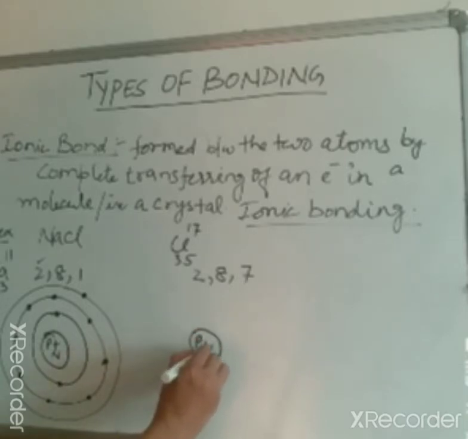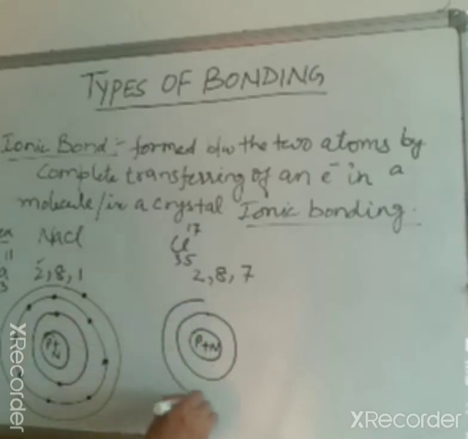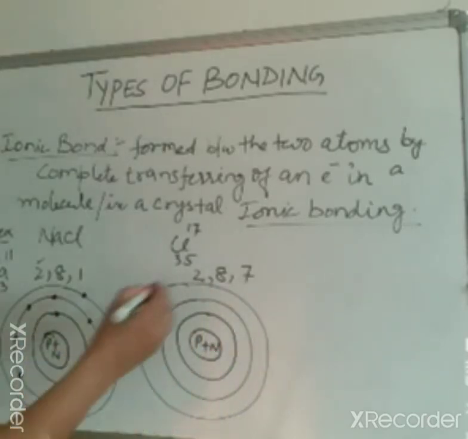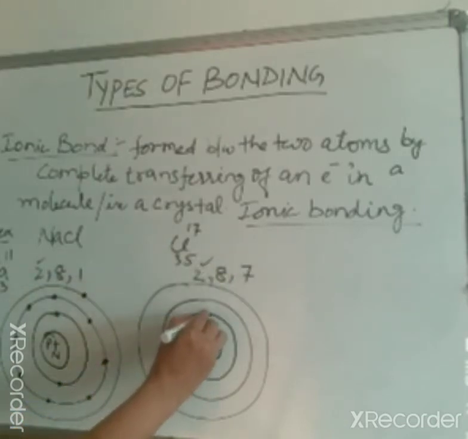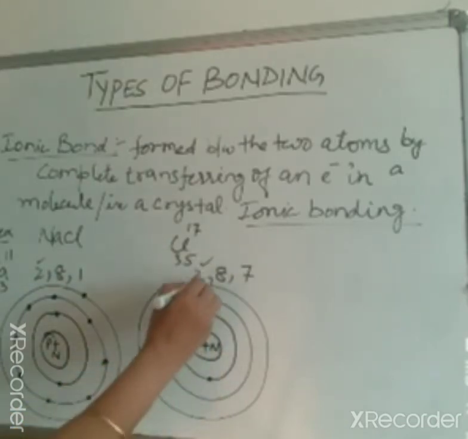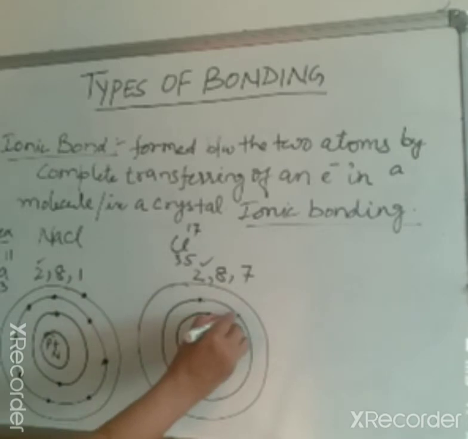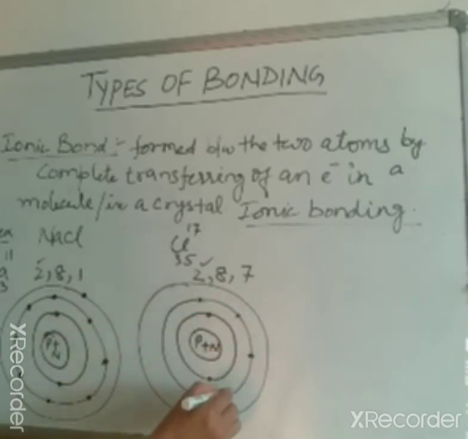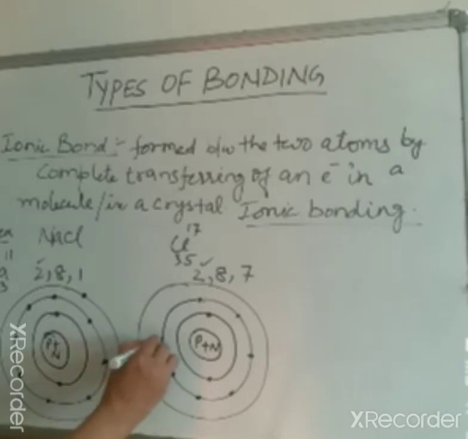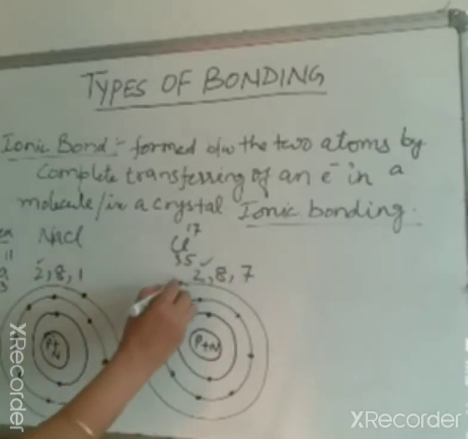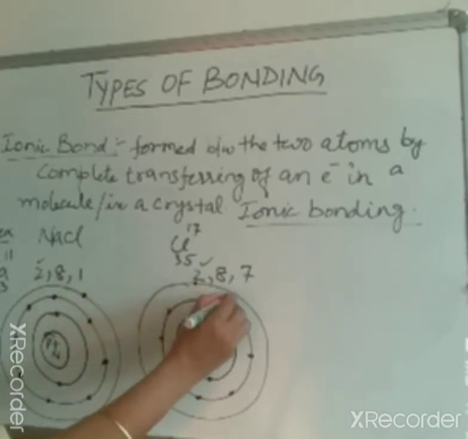it has electrons, protons plus neutrons, first energy level, second energy level, third energy level. Here in the first energy level it has 2 electrons, in the second energy level it has 8 electrons, and in the third and outermost energy level it has 7 electrons.